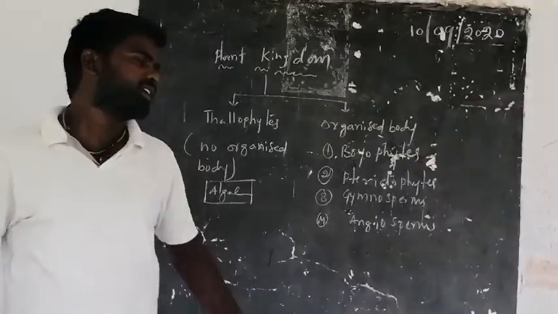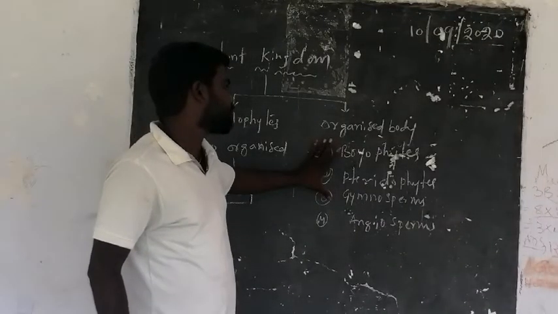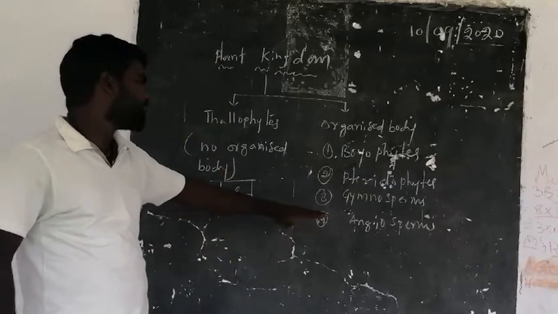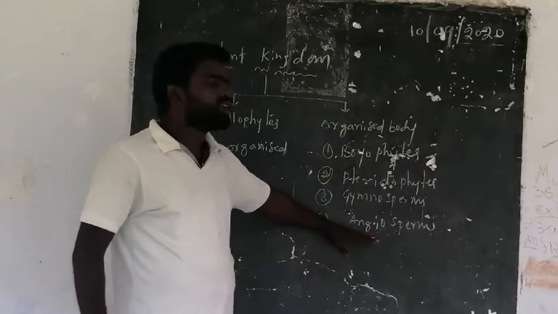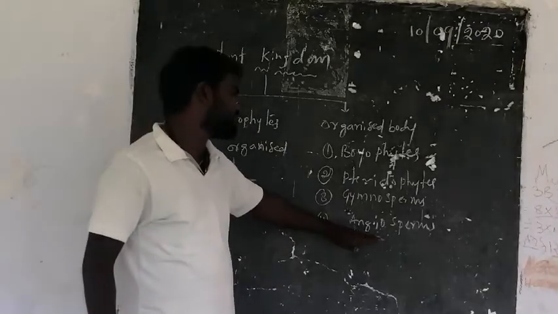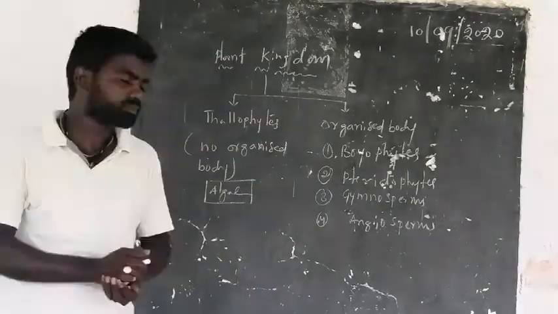We will study these three categories of plants, bryophyta, pteridophyta and gymnosperms, in higher classes. And now, in your first year, you are going to read about the characters of angiosperms.